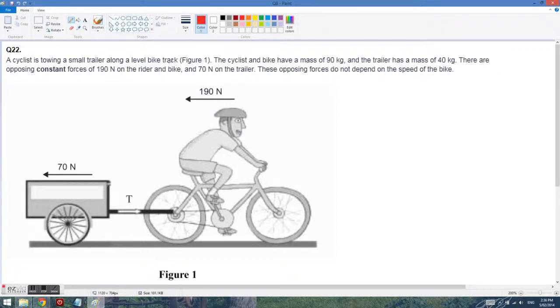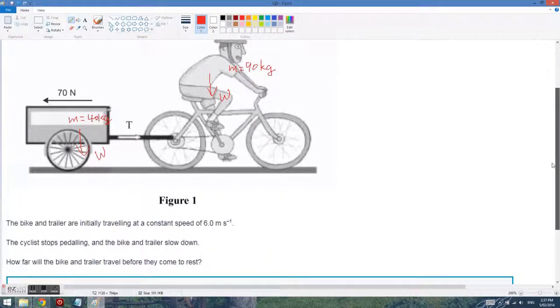Now, what we have here, same question, so let's label it now. There's a weight force. The mass is 90 kilograms. The mass here will be 40 kilograms. Now let's go down.